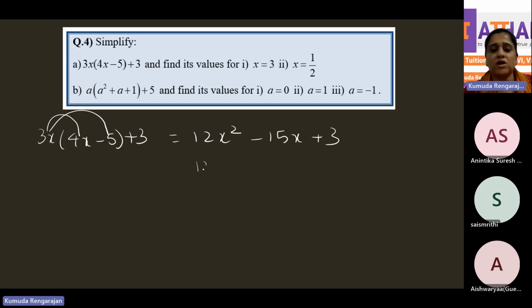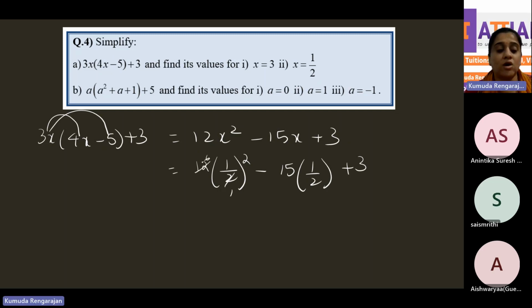Now, when x is half, I'll do the second one. 12 into 1 by 2, the whole square, minus 15 into 1 by 2, plus 3. Do not cancel. 2 ones are 2, 6 is wrong, because 1 by 2 is raised to the power 2. Simplify the power first. The exponent has to be simplified first.